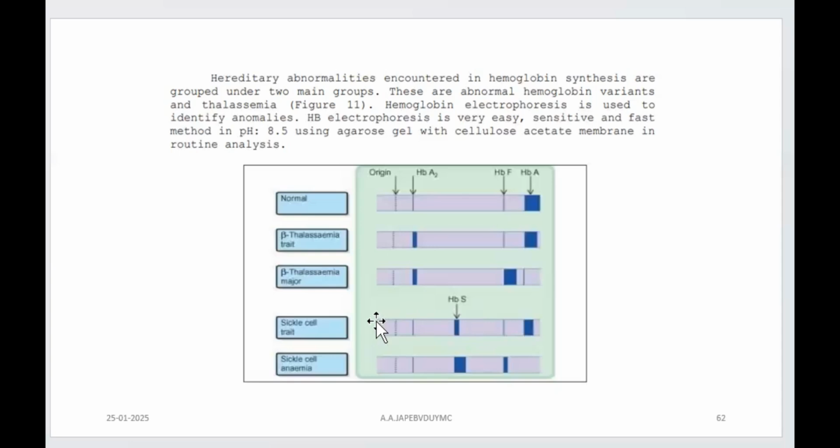So this is the standard reference, and against that you are seeing the sample from the patient, and it is showing you a very broad band here. That means if you correlate these two, it indicates presence of HbS, right? So in diagnostics also you can take help of electrophoretic technique, right?